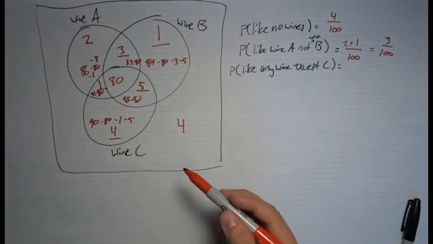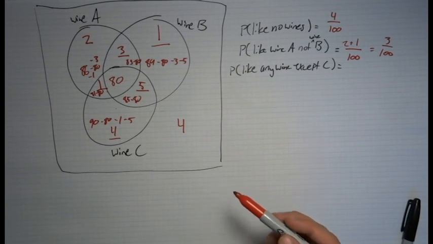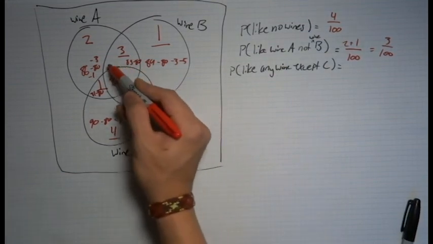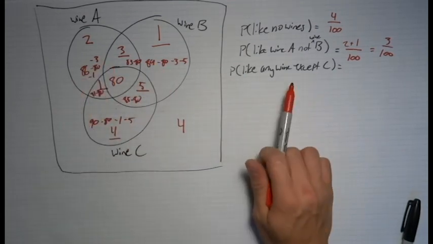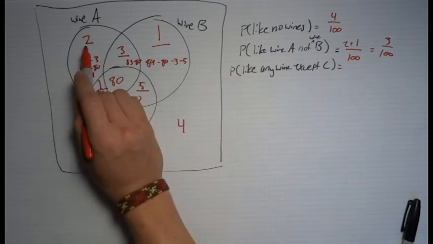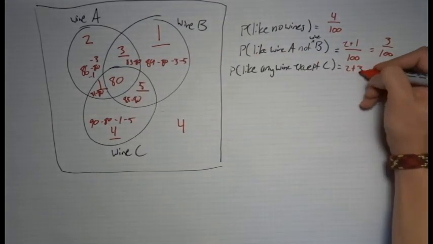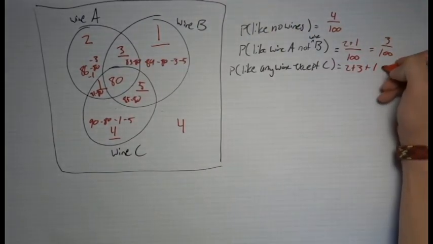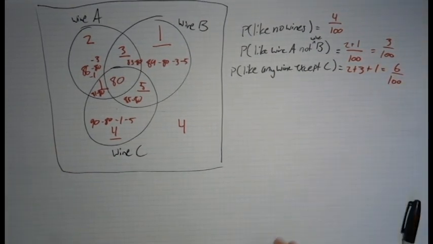Sorry, my phone fell asleep, and I don't have the worksheet. All right. So if they fall within this circle, we can't count them because they like wine C, and we want people that don't like wine C. So that leaves us with these 2 people right here, these 3 people right here, and this one person right here. That gives us 6 divided by our 100 total people. We still have 100 people because we're still picking randomly from the whole people, from everyone.